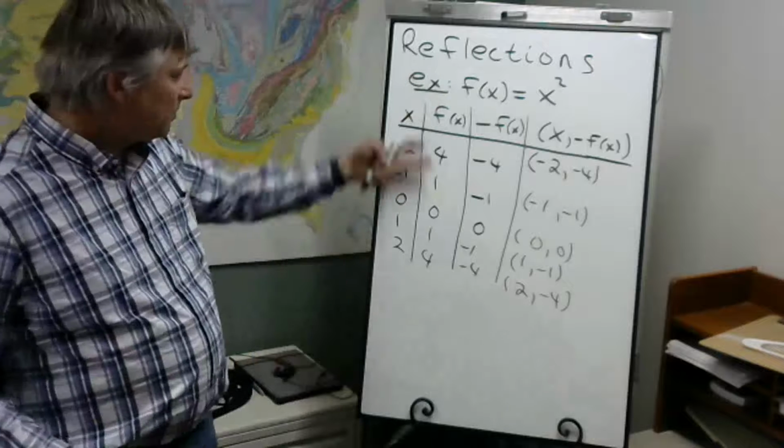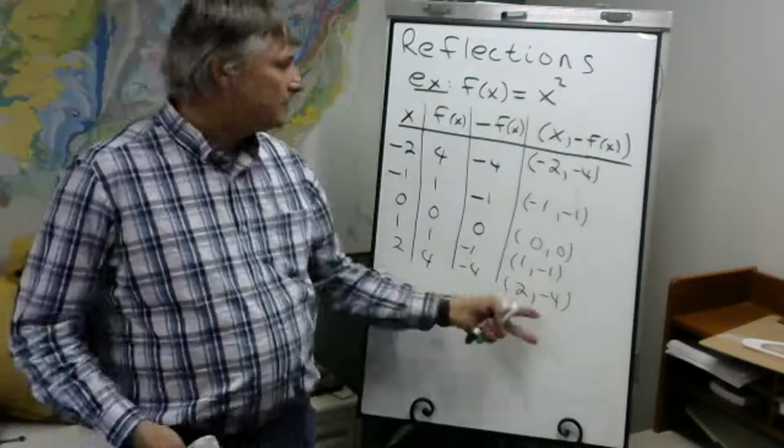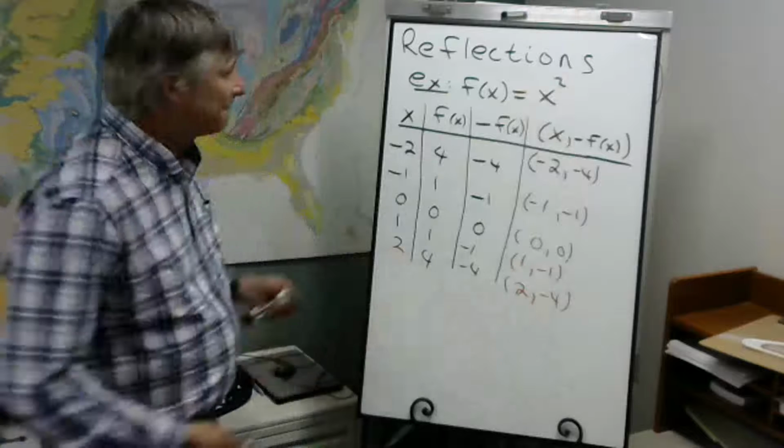So let's graph the old ordered pairs with these new ones. Let's see what this looks like.